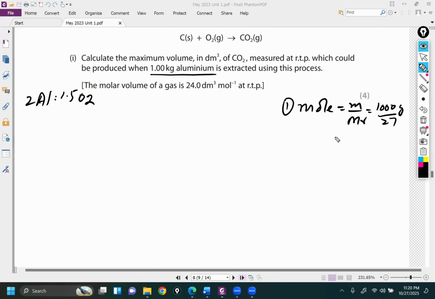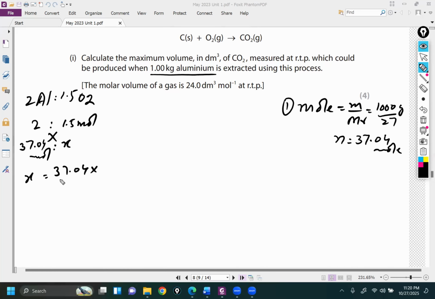And we will get 37.04 moles. Now look here. If we have 2 moles of aluminum, we have 1.5 moles of oxygen. So if we have 37.04 of aluminum, how much oxygen can we get? 37.04 times 1.5 divided by 2, and we will get the number of moles of oxygen, 27.78. So this is the amount of oxygen we will get if we produce 1 kilogram of aluminum.